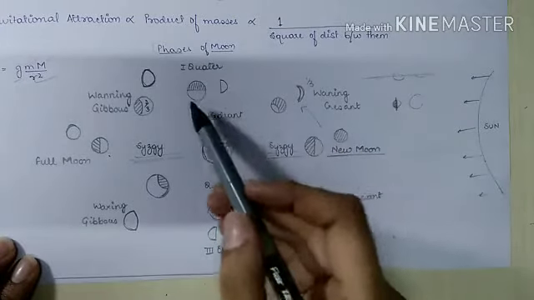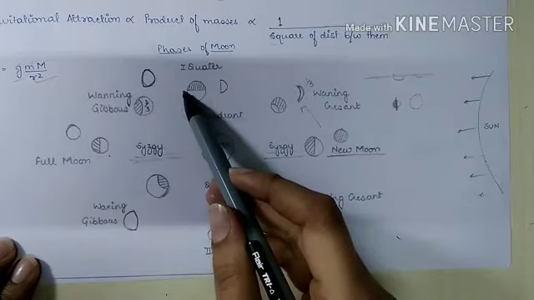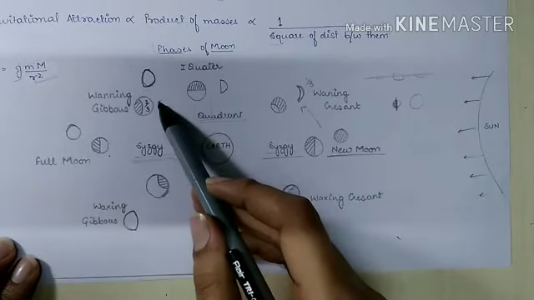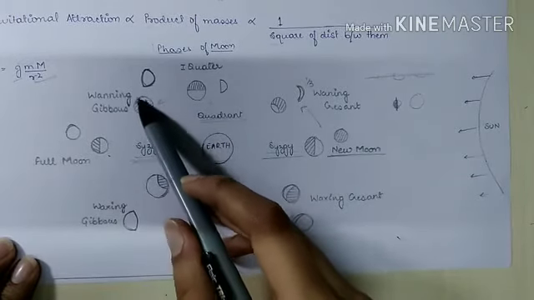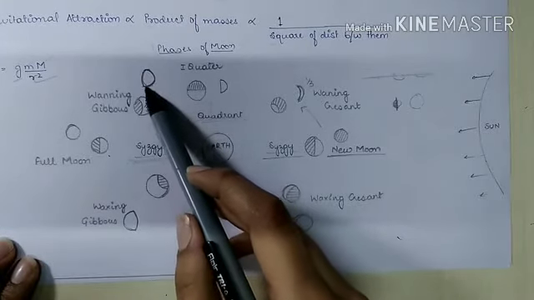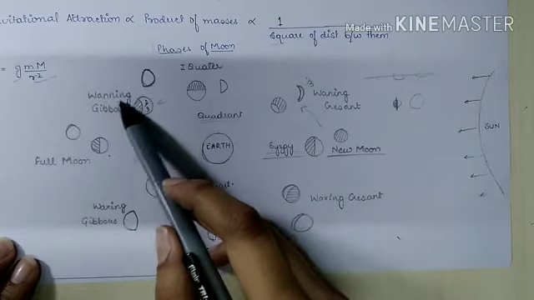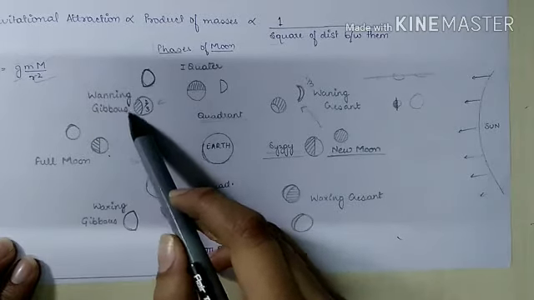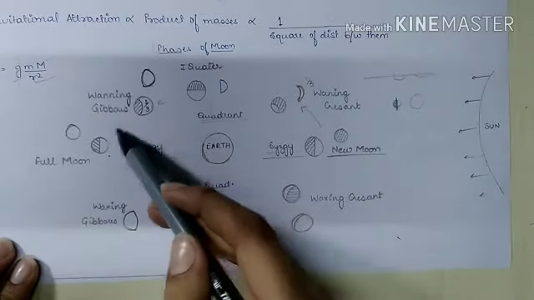After this we have the waning gibbous. In the waning gibbous, we can see 2/3 of the moon visible to the earth, and this is known as the waning gibbous.